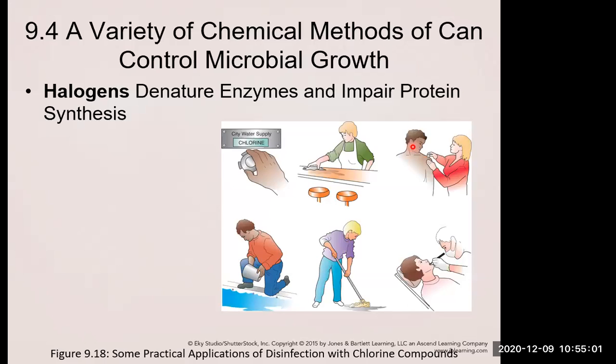All right, so we have 3 halogens that the book mentions. These are going to make your enzymes less functional and impair protein synthesis. Things like fluoride are found in water and toothpaste. We didn't start adding fluoride to water until the 1950s. We started doing that because this one population was drinking well water, and they didn't have cavities.